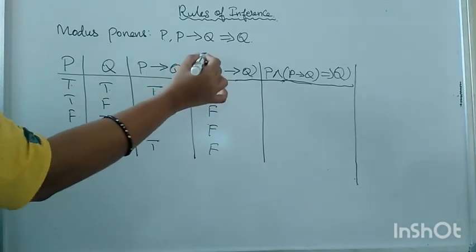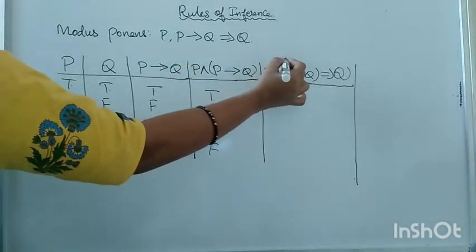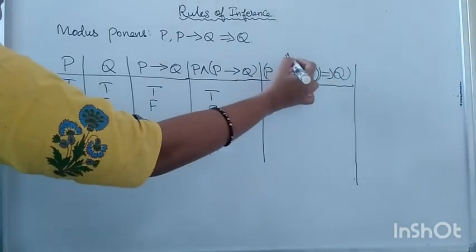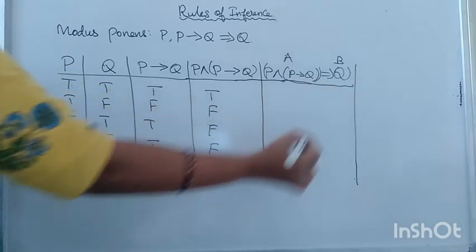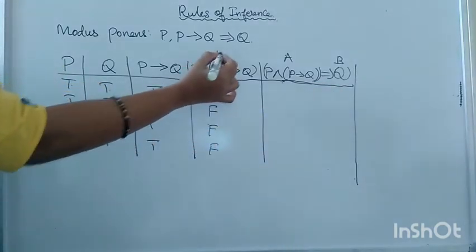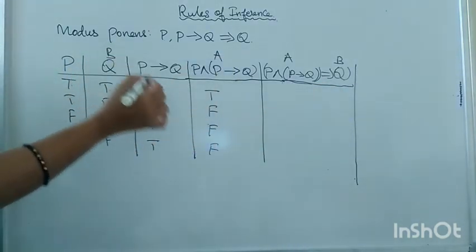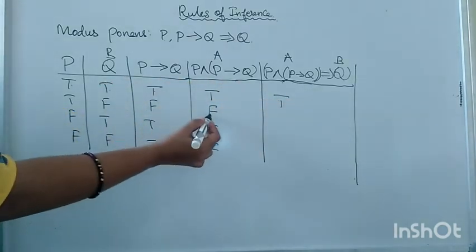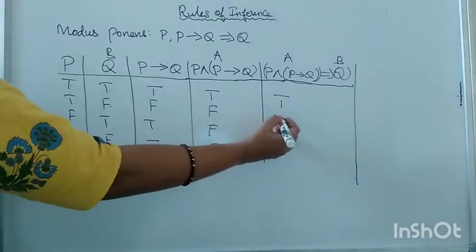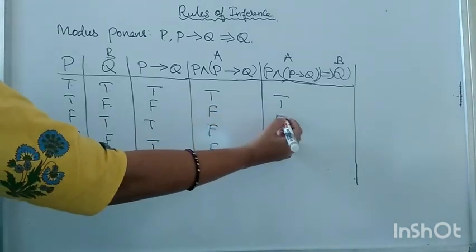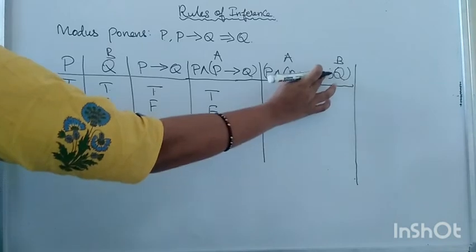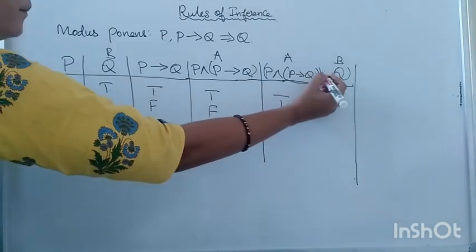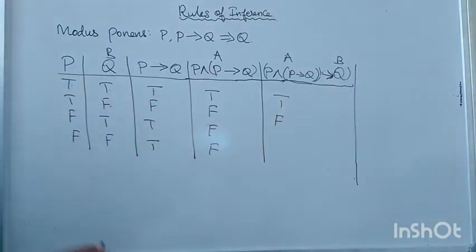We can take this column, consider the whole of it as A and this term as B. So we can consider this as A and this as B. True, true, we will get true here. And false, false, we will get false here. Because here we are just going to make use of the implication, right?